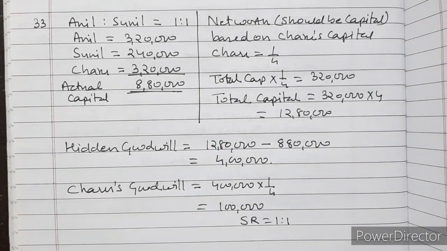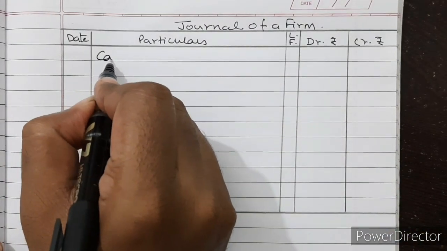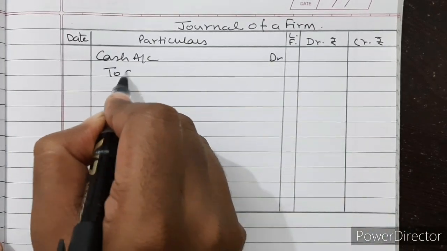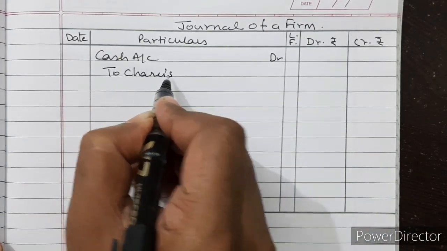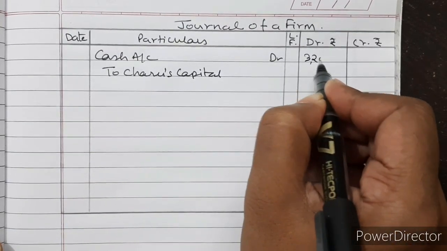So let us see. First journal entry will be cash account debited to Charu's capital, rupees 3,20,000.